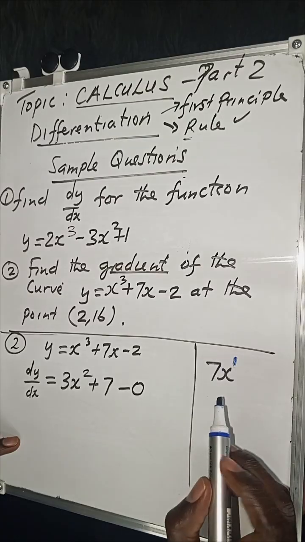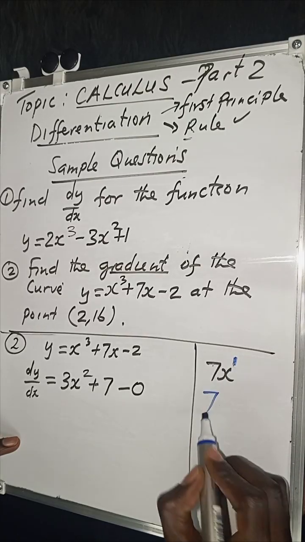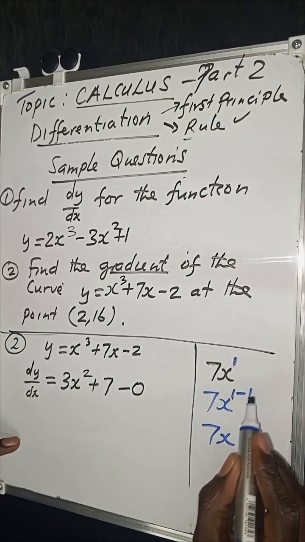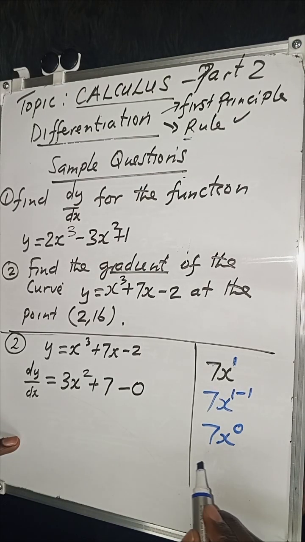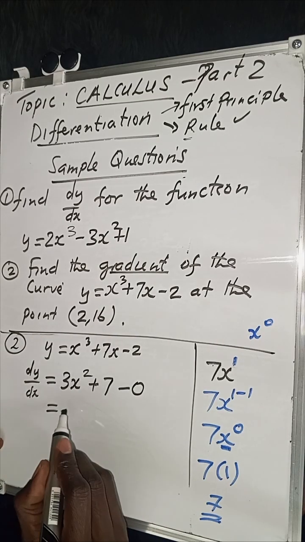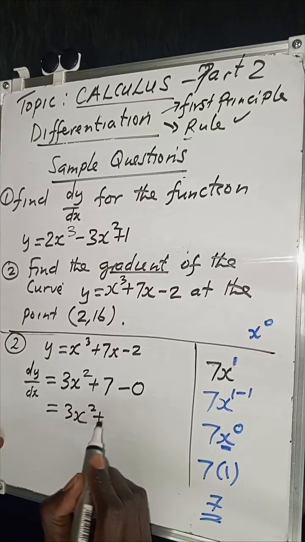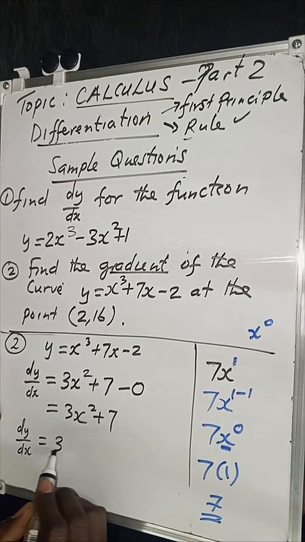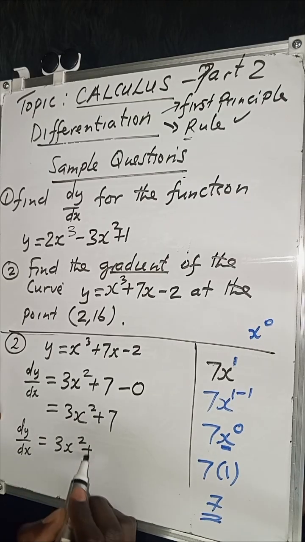So 1 times 7 gives 7, but that power reduces by 1, so 1 minus 1 is 0. According to the laws of indices, anything raised to the power 0, so x raised to the power 0, is 1. So 7 times 1 gives 7, and that's why I'm remaining with that. So our dy over dx is equal to 3x squared plus 7.